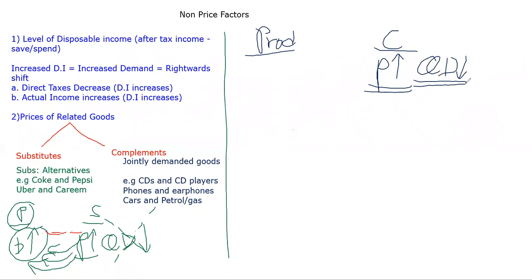It especially makes sense in a case where you have to keep purchasing both of them. So let's say if you're buying less of movie tickets, you'll probably be buying less of popcorn as well. That's perhaps a better example. So let's say the complement was movie tickets, and the original product was popcorn.